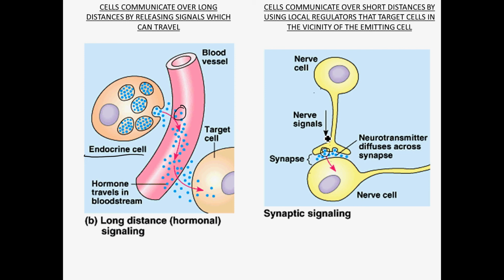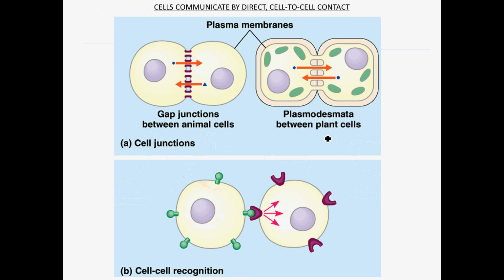Those are other mechanisms, but there are some instances in multicellular organisms where the cells are actually connected together, and we see this in gap junctions between animal cells. We see this in cardiac muscle cells as an example, and in plant cells, the plasmodesmata.